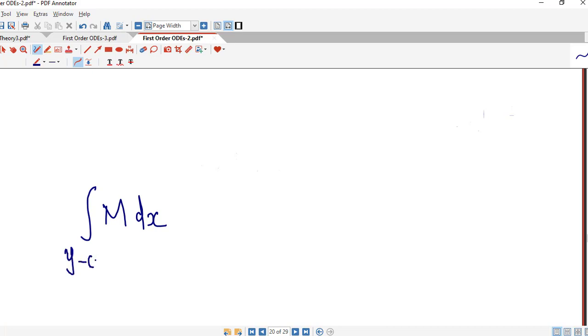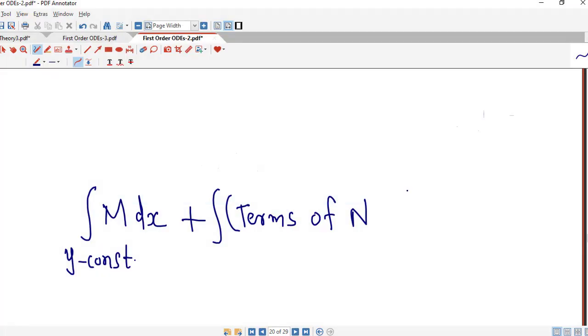We have to integrate capital M with respect to x, considering y as constant, and from capital N we write only those terms which are free from x, equal to the constant of integration. In this way we can easily solve exact differential equations if the condition of exactness is satisfied.